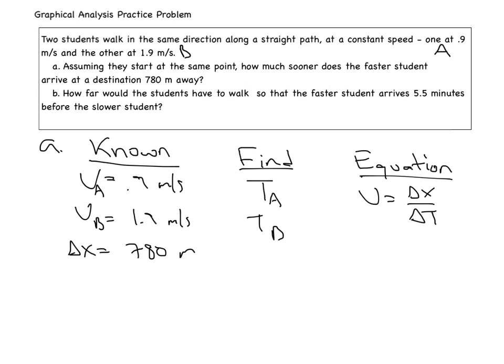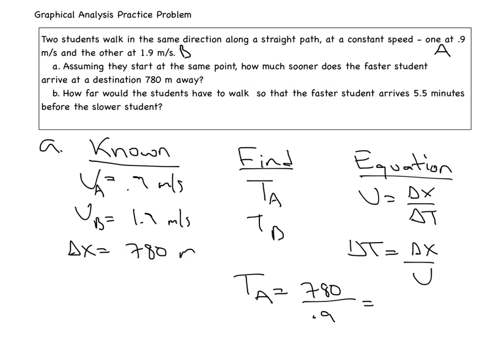So what we get is delta t is equal to delta x divided by v. So for student A, we can say the time of A is equal to delta x, which is going to be 780, divided by his velocity, so that's 0.9.